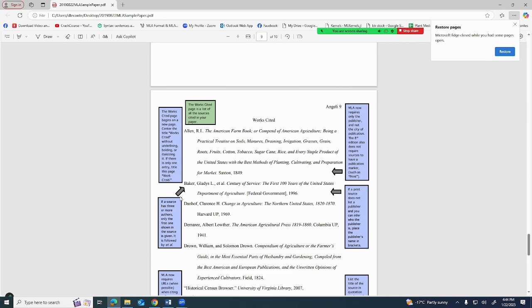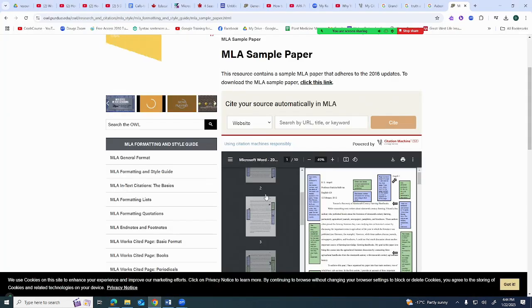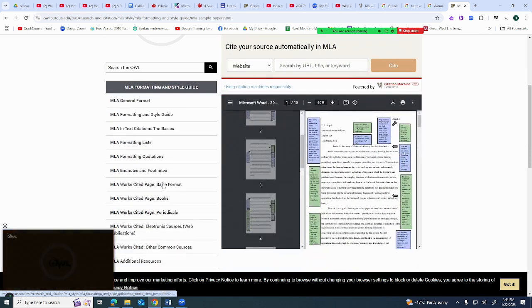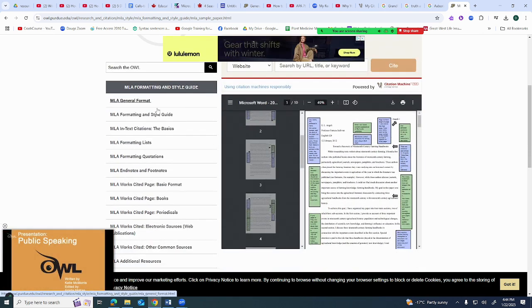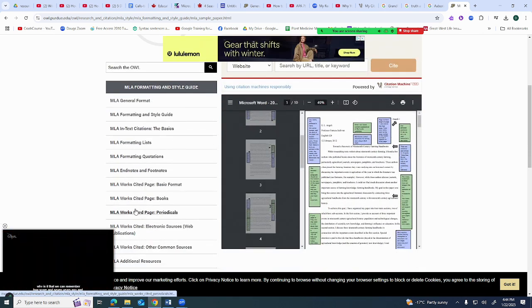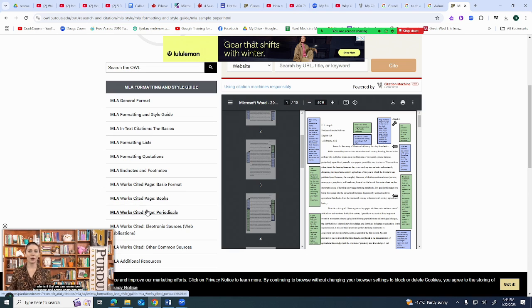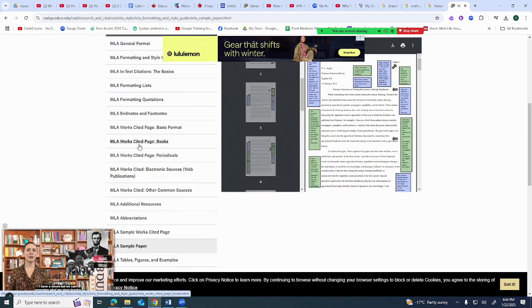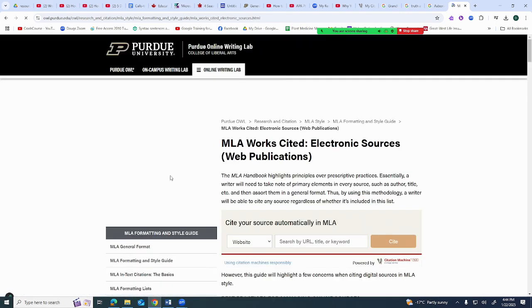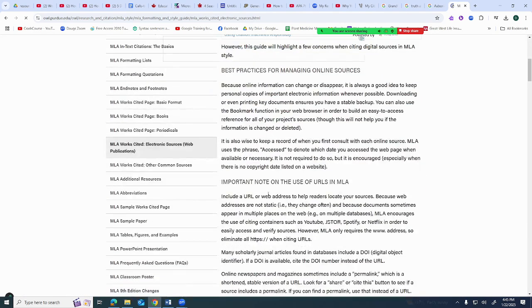Now if you go to the site, you can find the different sources and how you format them.